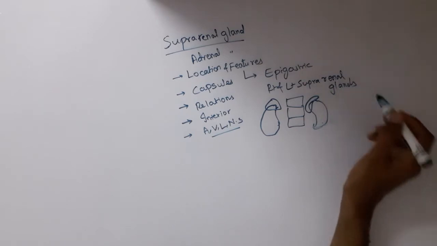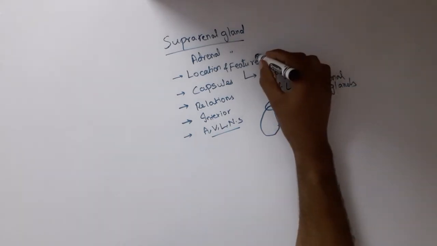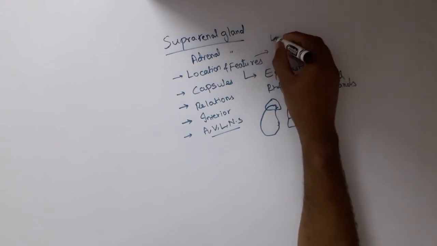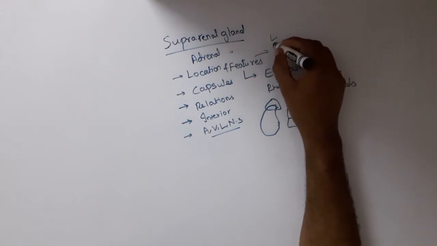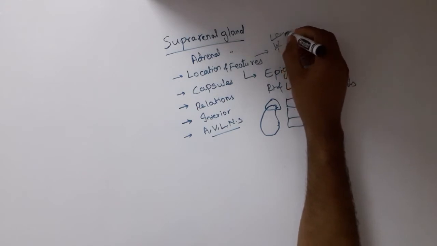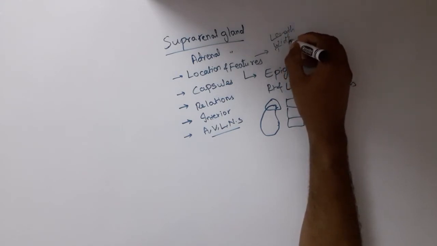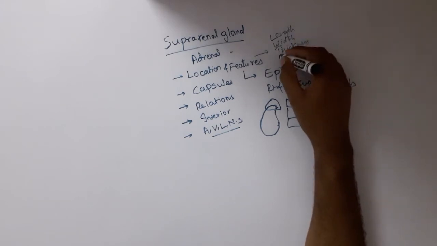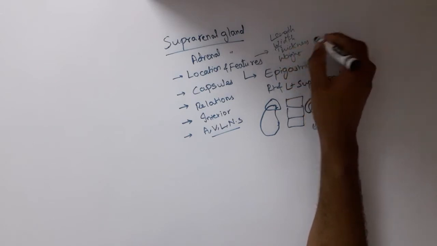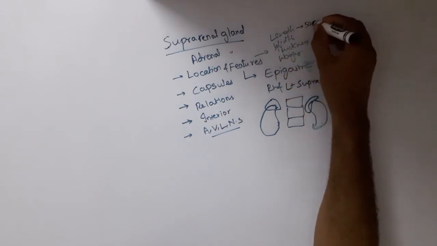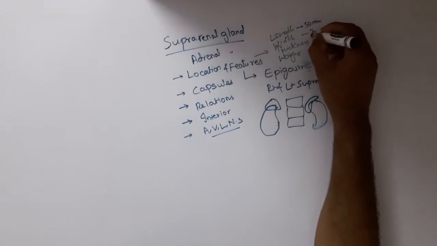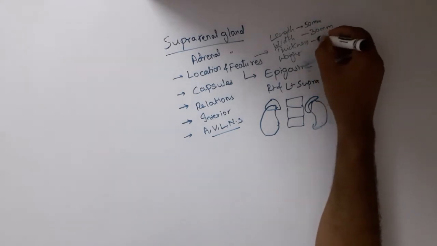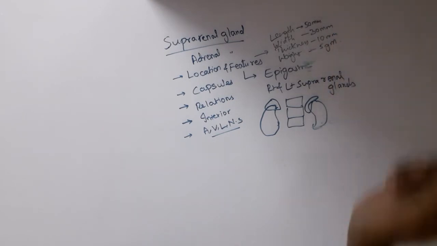So coming to its features, what are the features you can see here? What is the length of it? What is the width? What is the thickness? And what is its weight? The length is around 50 mm, width is around 30 mm, thickness is around 10 mm, and the weight is around 5 grams.